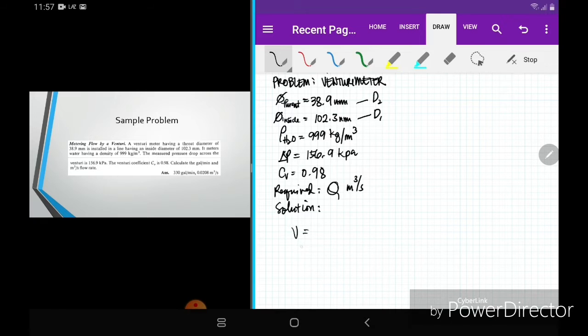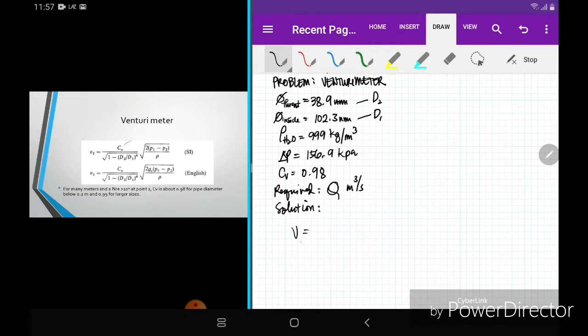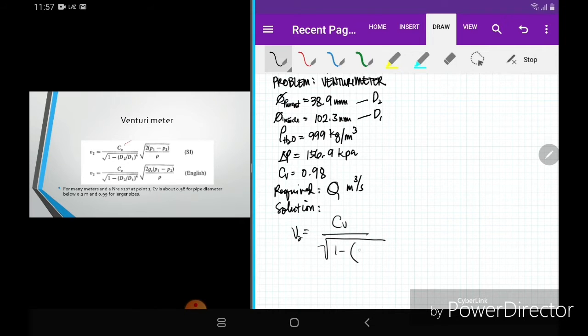Okay. Using the formula V sub 2 is equivalent to C sub V over square root of 1 minus d sub 2 over d sub 1 raised to the fourth power multiplied by the square root of 2 times p sub 1 minus p sub 2 divided by its density. So, makakakuha kayo ng V sub 2, then you multiply it with the area.